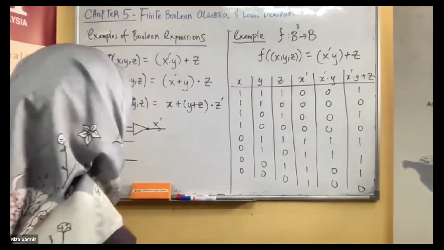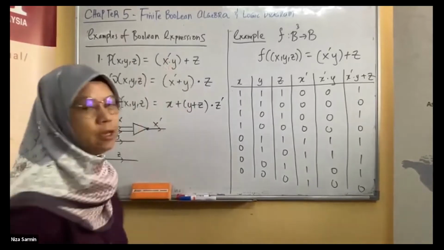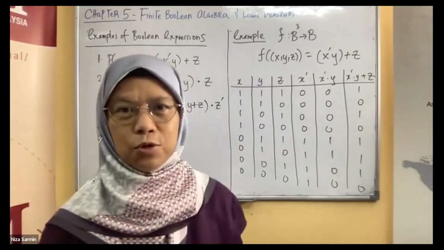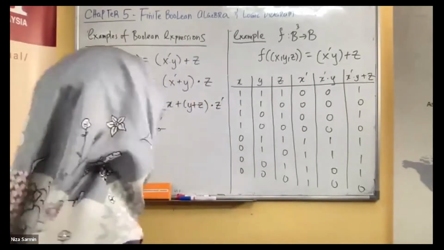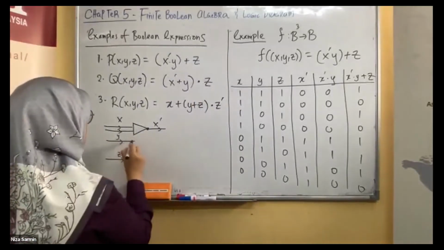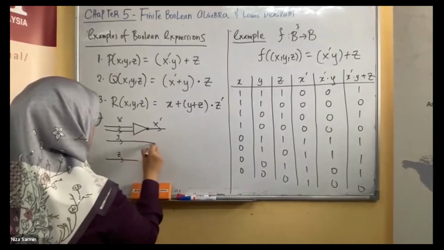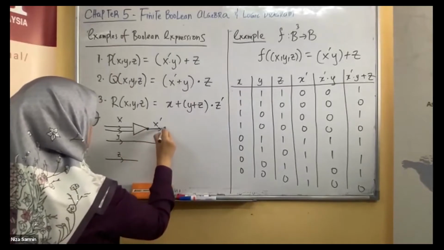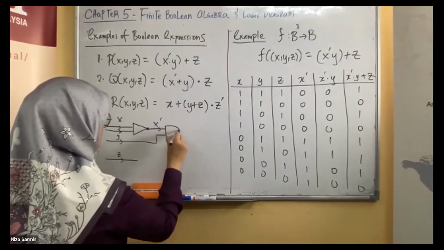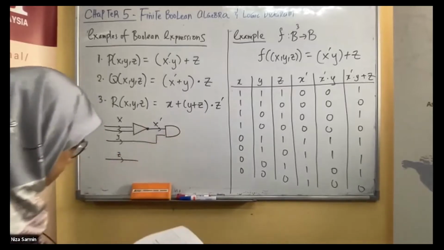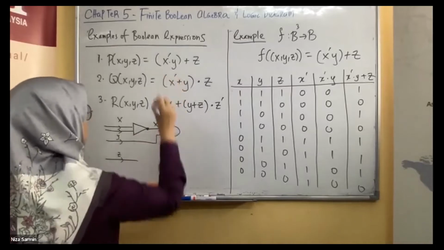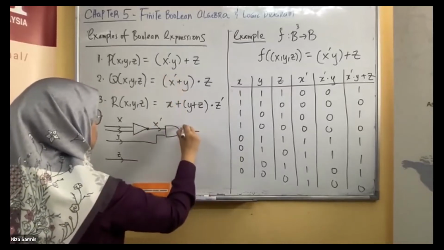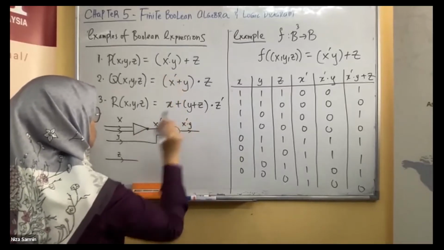And then the next one is I need to multiply by Y. So you remember the multiplication, right? So I need the Y to be closer, right? So I can do like this. So this is the Y, X prime and Y. So the one outside is X prime times 1.